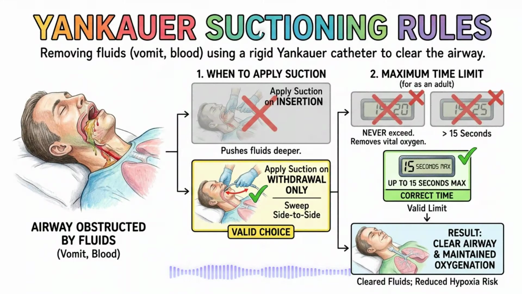The golden rule of suctioning, which is highly tested, is to apply suction only while withdrawing the catheter, sweeping from side to side. Furthermore, you must never suction an adult for more than 15 seconds at a time, because the machine removes vital oxygen along with the fluids.